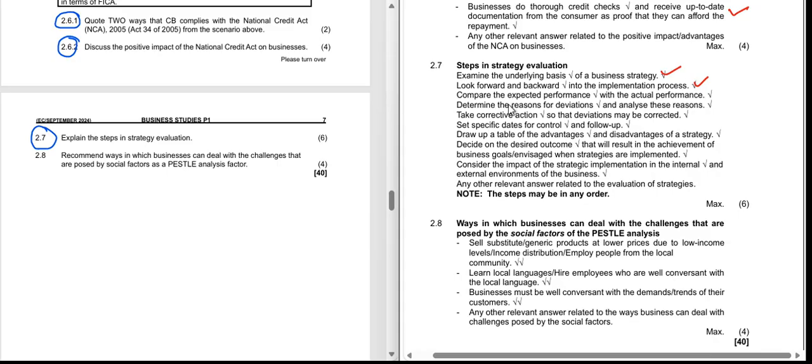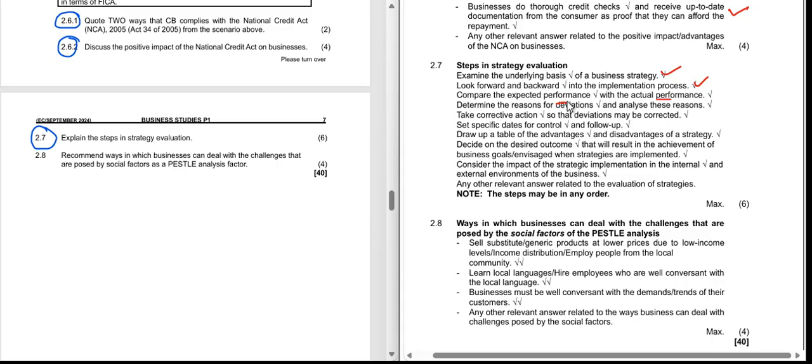Compare the expected performance with the actual performance. Remember, when you are evaluating, you are looking at what you wanted against what is actually happening.